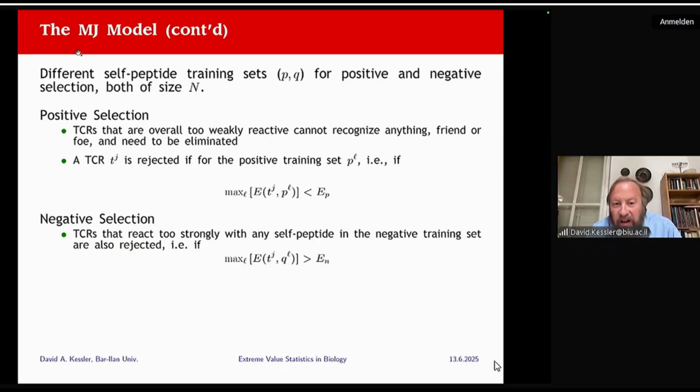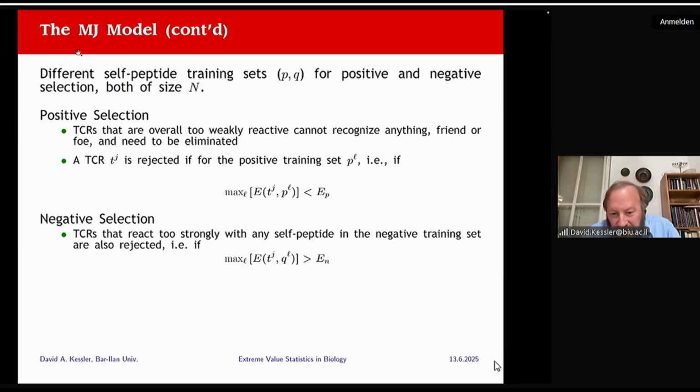So a TCR is rejected if, for the positive training set, the maximum energy of all of the peptides, the binding between this particular TCR, T_J, and all of the different peptides, if that binding energy is too weak, well, then we're not interested and we're going to throw that out.